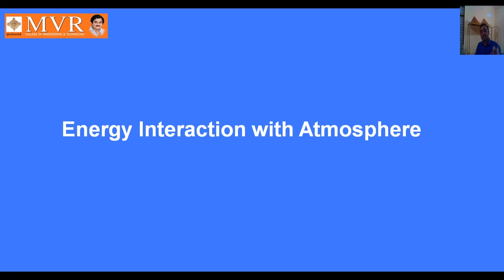In the previous class, we learned how the sun's energy is used for remote sensing, that is optical remote sensing. You know very well passive remote sensing and active remote sensing. The sun, far away from the earth surface, emits electromagnetic radiation.